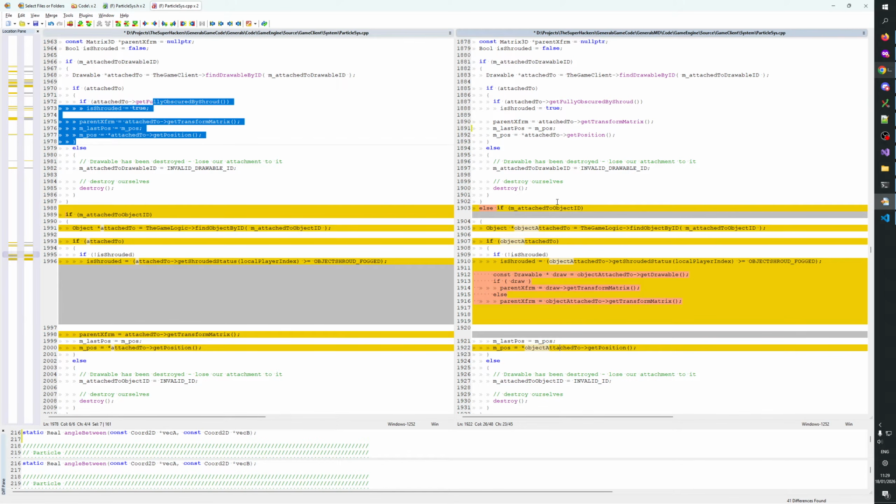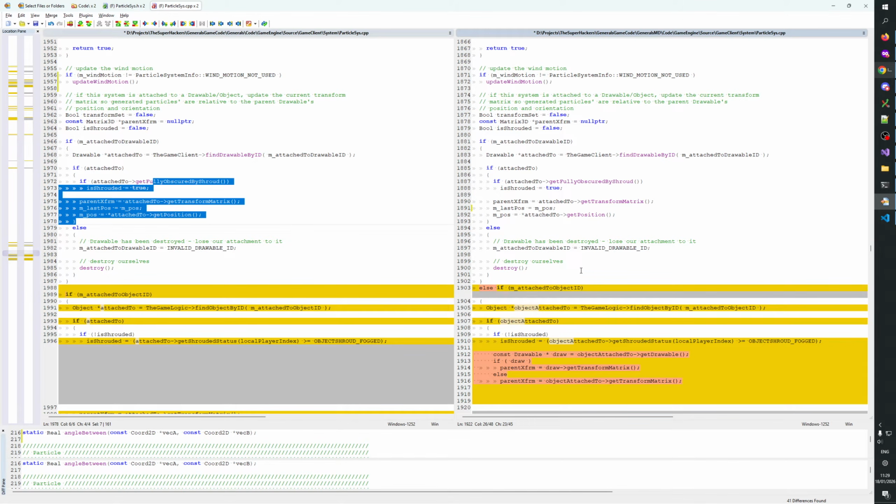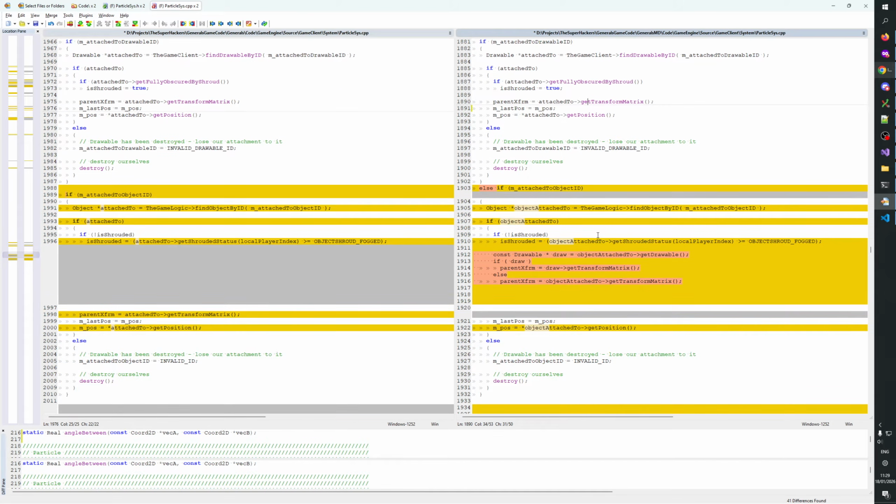Else if attached to object ID. Okay. Object attached to. Okay, I think that's probably fair.